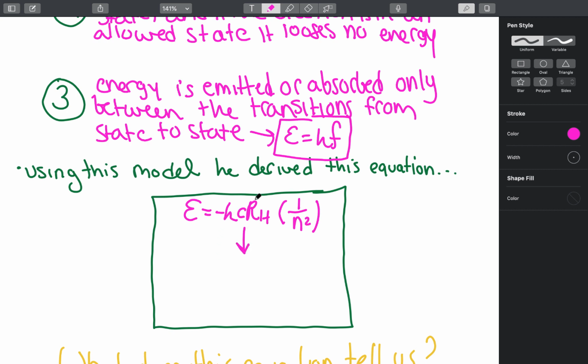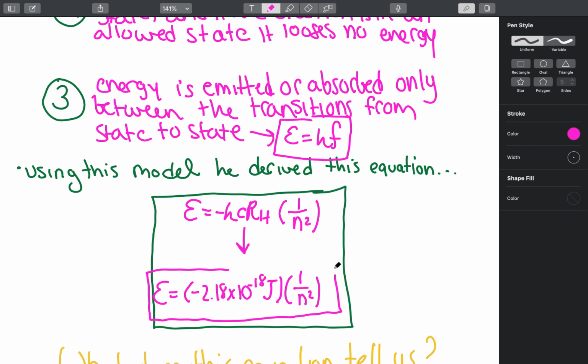So this can be simplified, since these all are constants, to E equals negative 2.18 times 10 to the negative 18th joules times 1 over n squared. So this is the equation that you all want to know.